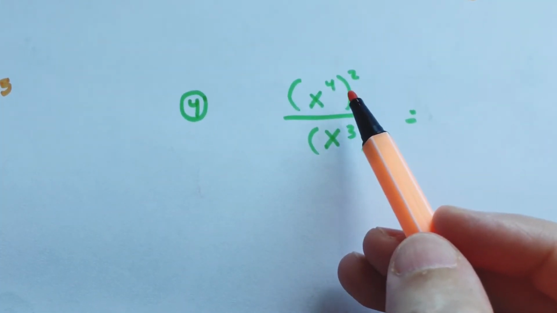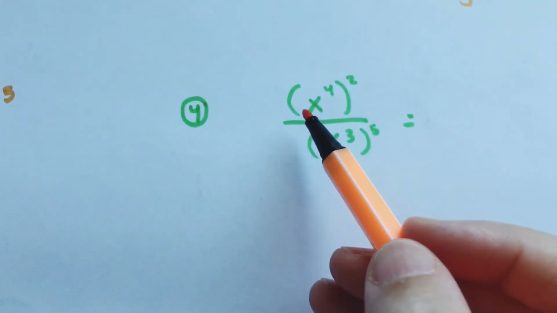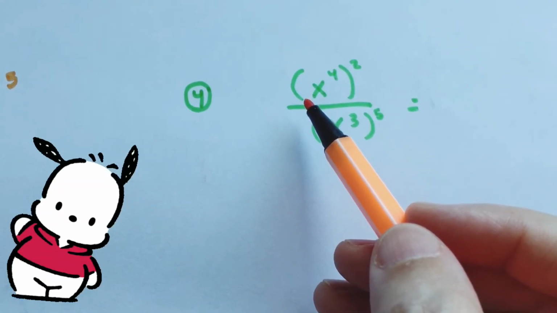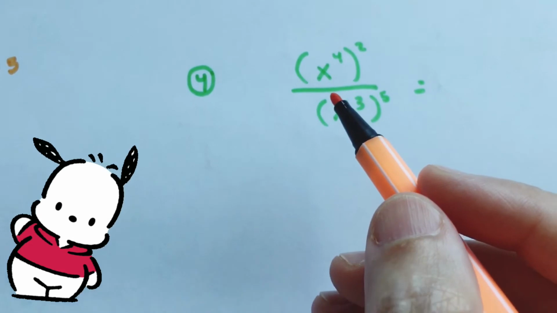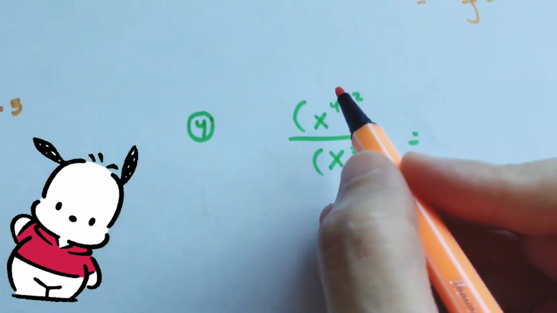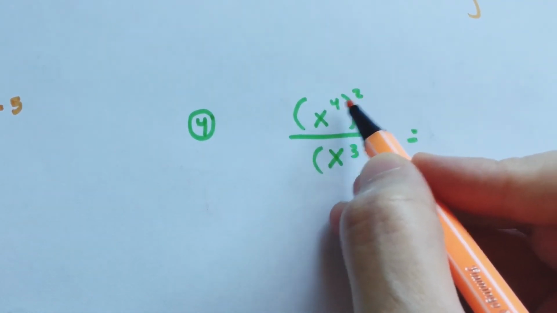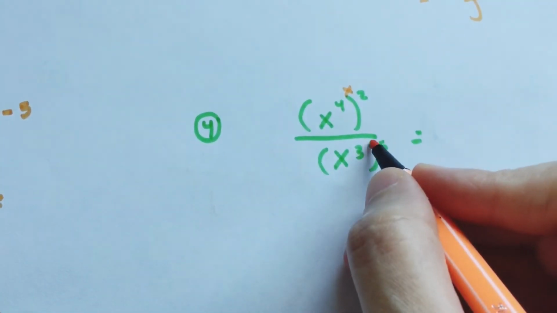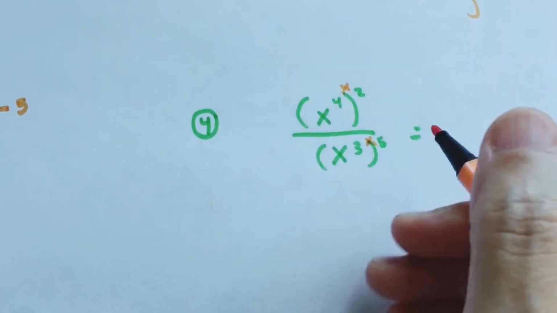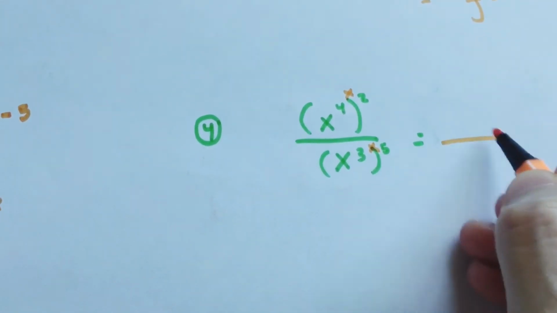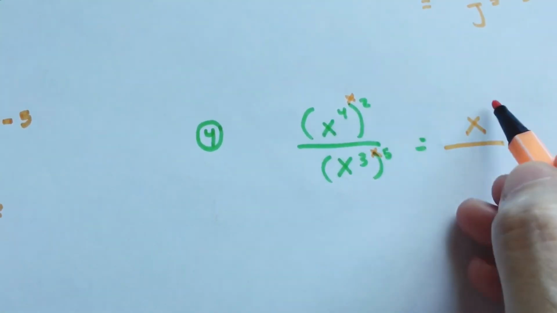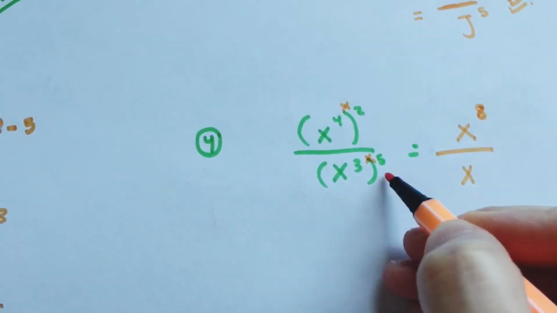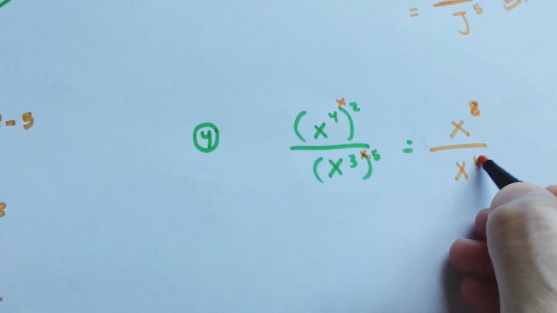Let's see question 4. Here we took examples like these in the multiplication properties of exponents lesson. So I will repeat again here. If we have two exponents, one inside and one outside, I'm going to multiply them by each other. So it will be x to the power of 4 times 2, which is 8, and x to the power of 3 times 5, which is 15.